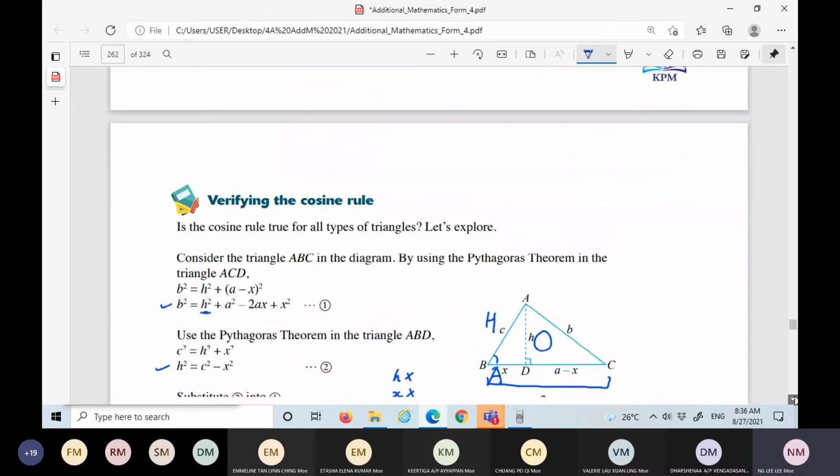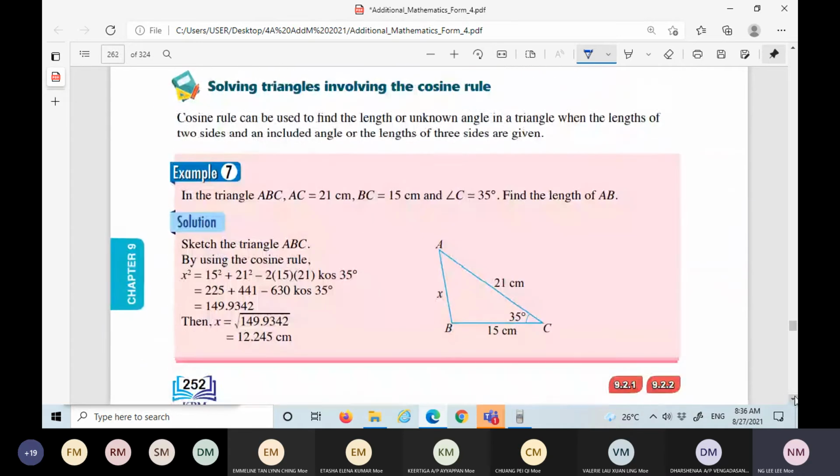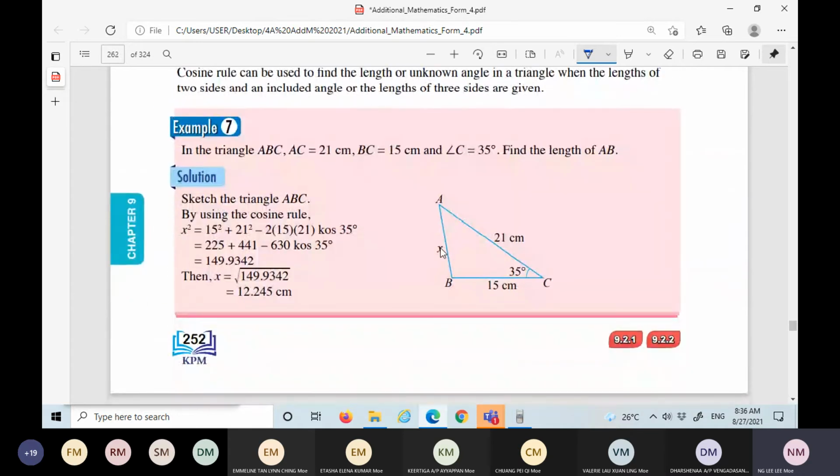Now we come back to the question. If this is the one that you want to find, it means this is the subject. So you start with x squared, and the angle opposite the subject must be cos 35. The other two lengths are 21 and 15.